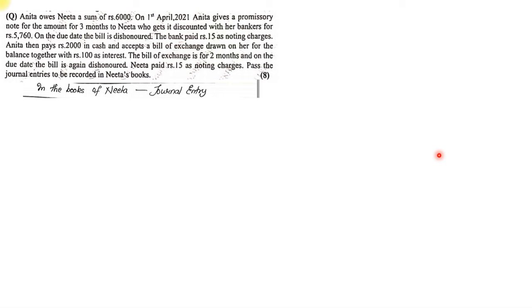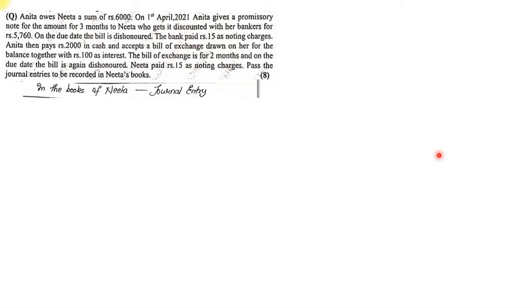The very first question was: Anita owes Neeta a sum of rupees 6,000 on 1st April 2021. Anita gives a promissory note for the amount for 3 months to Neeta, who gets it discounted with her banker for 5760. On the due date, the bill is dishonored.